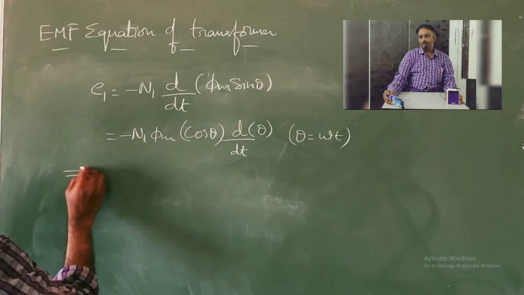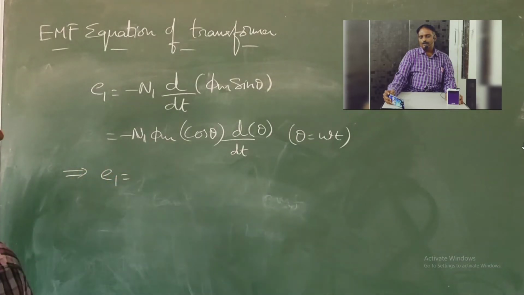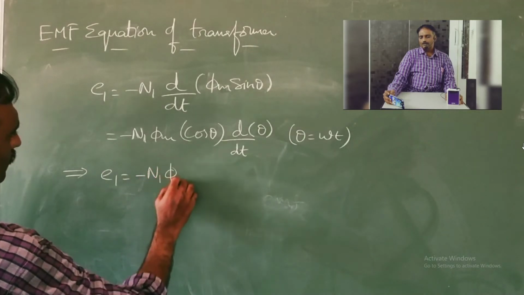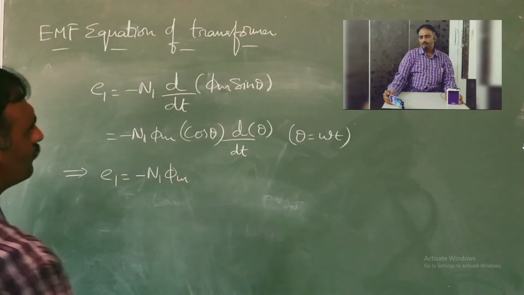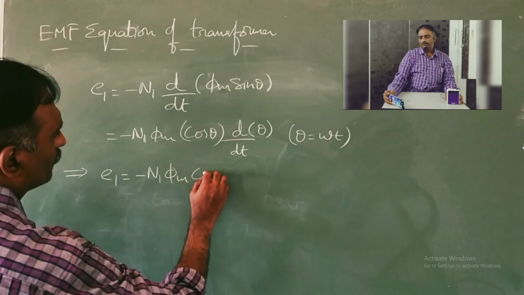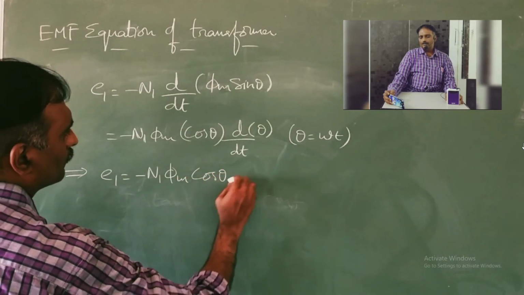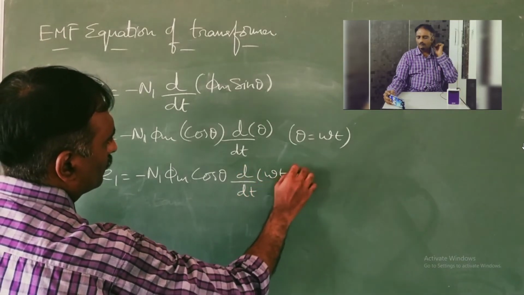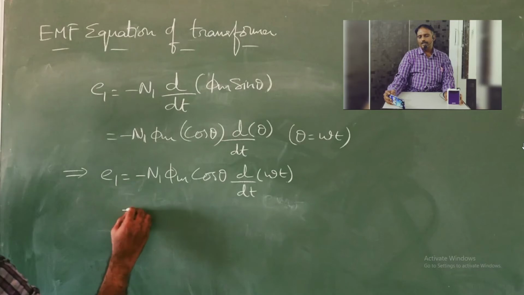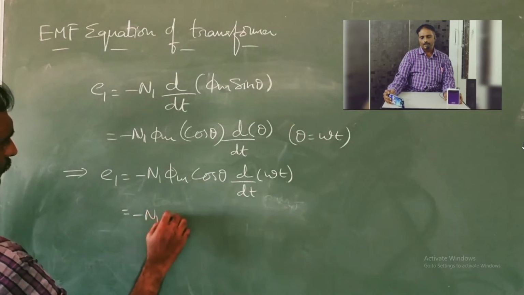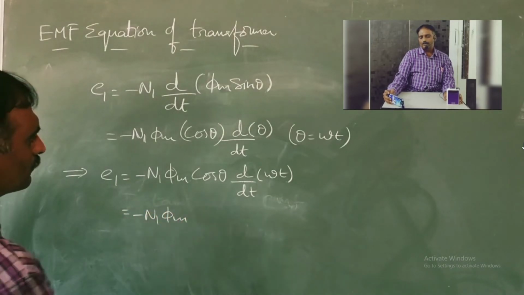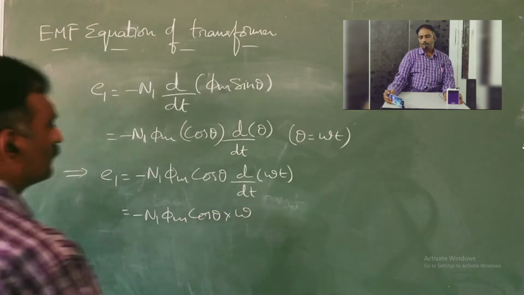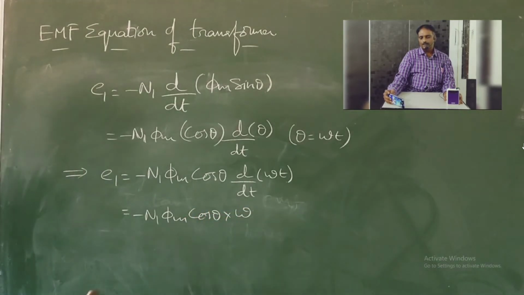So we get here E1 is equal to minus N1 phi m cos theta multiplied by d by dt of omega t, and d by dt of omega t gives us omega. So we get minus N1 phi m cos theta multiplied by omega. Omega is the angular velocity.